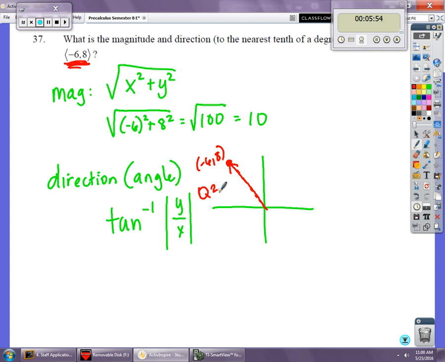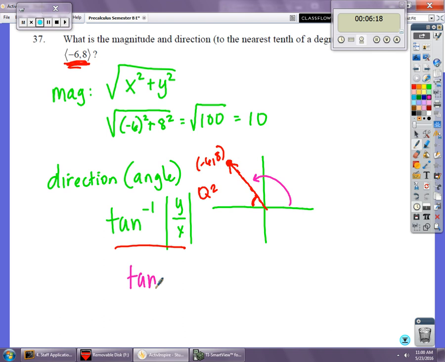When I use this formula, it's going to give me the reference angle, the angle closest to the x-axis. Unfortunately, that's not what we want. We want this angle right here. So when we find our inverse tan answer, we're going to subtract it from 180.